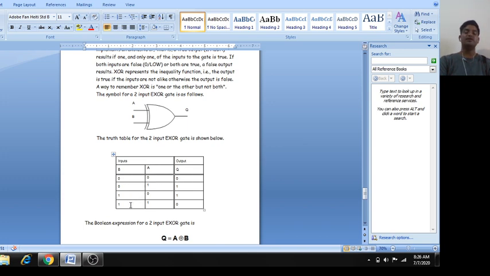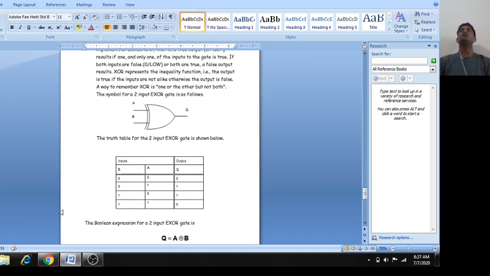In the case of 1 1, there are two ones, which is even, so it is 0. In the case of only one 1, it is odd. So if there are an even number of ones at the input, the output is low. If there are an odd number of ones, the output becomes high.